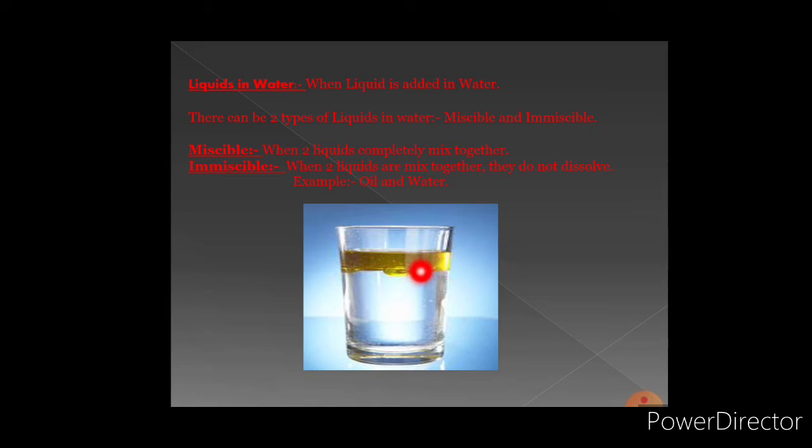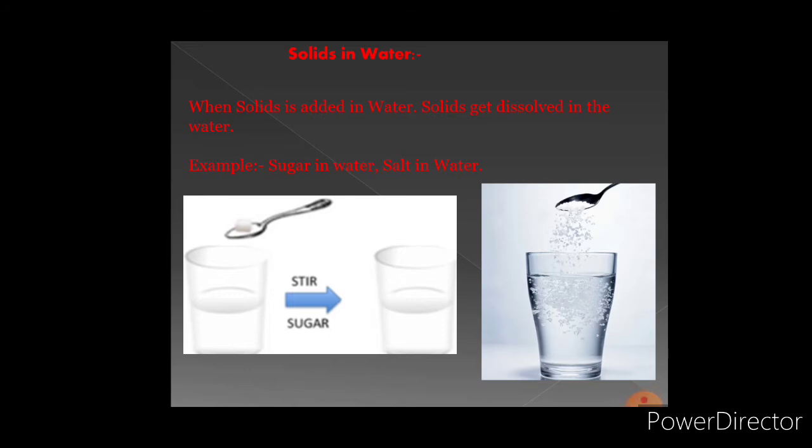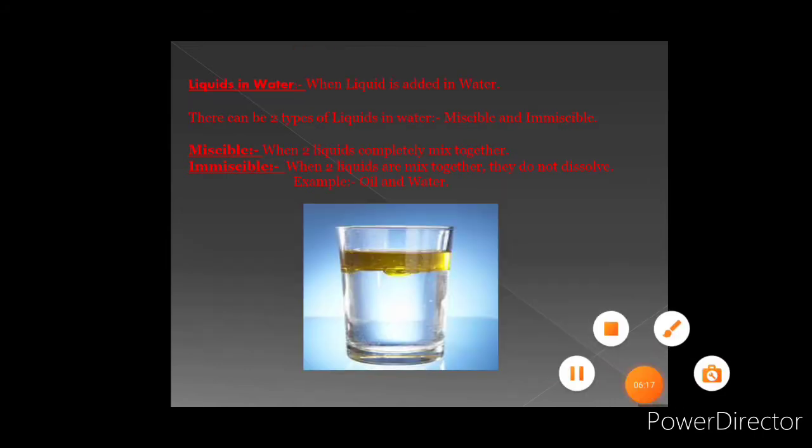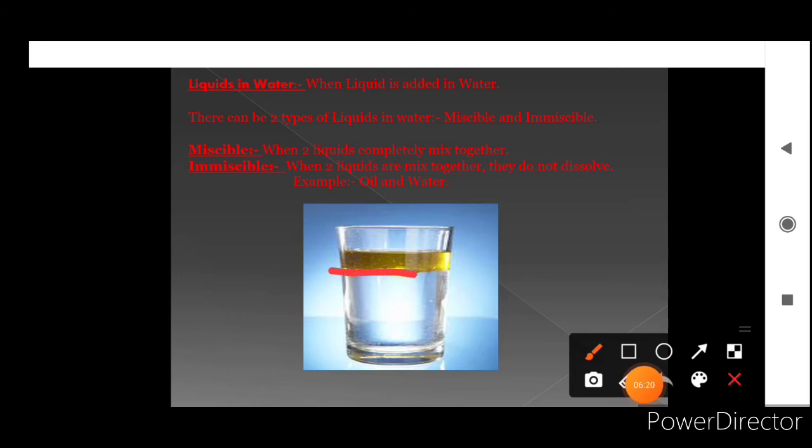To understand this, mix some kerosene oil into water. Take half a glass of water and mix in some kerosene or coconut oil and observe. Will they both mix up with each other? No, not at all. The kerosene oil forms a separate layer, and the water makes another layer.